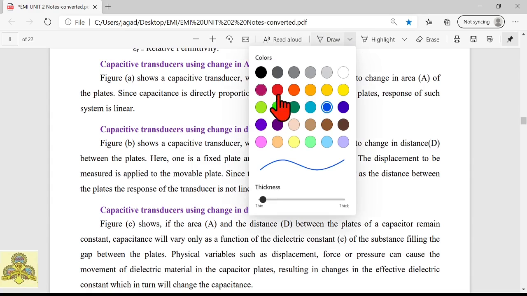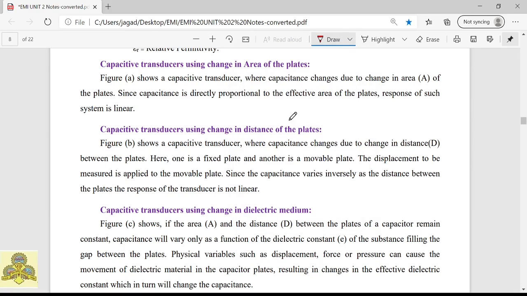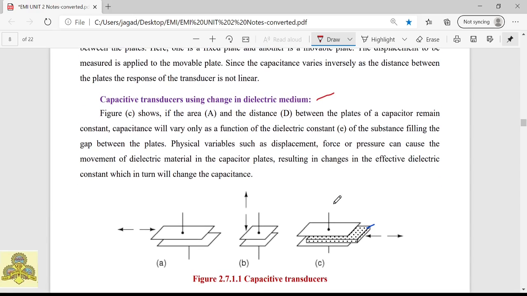Second, a capacitive transducer using change in distance between the plates. Third, a capacitive transducer using change in dielectric medium. As we know, the capacitance is proportional to what? The area of the plate, the distance between the plates, and the material used between the plates.